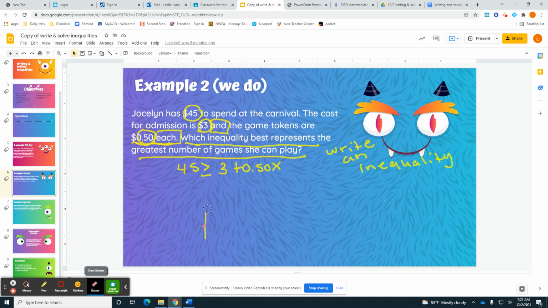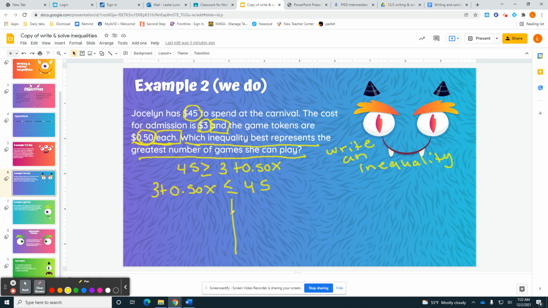So let's go ahead and rewrite it. So it's 3 plus 0.50x is less than or equal to 45. I'll leave that there. We don't need to erase it.